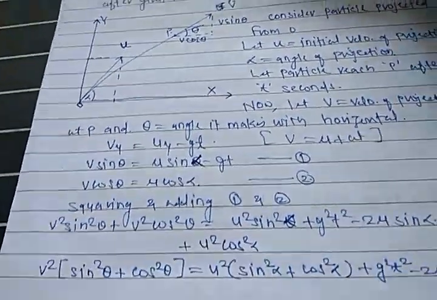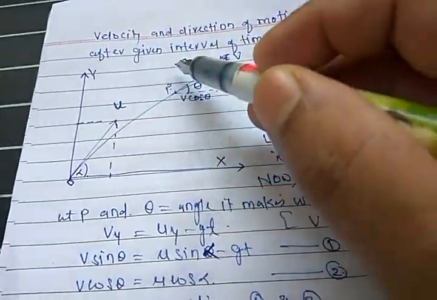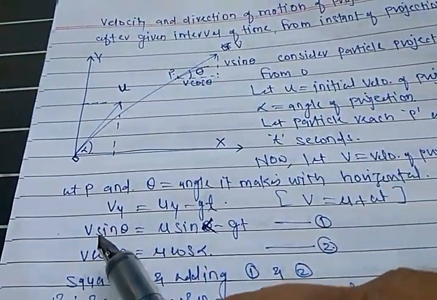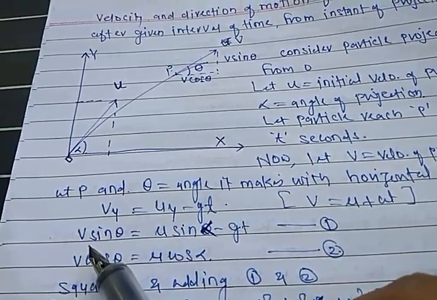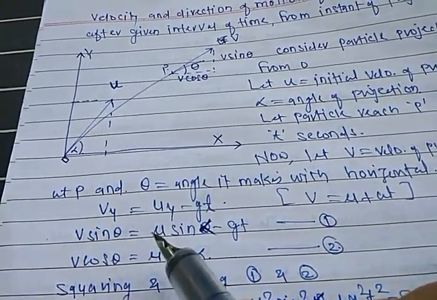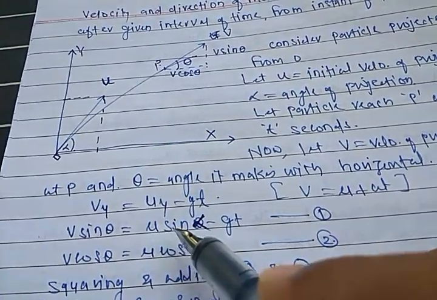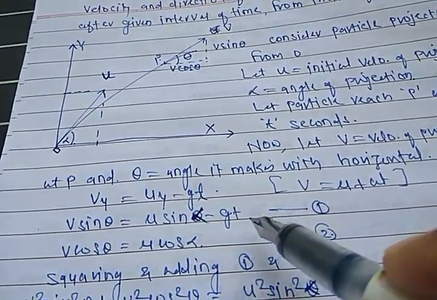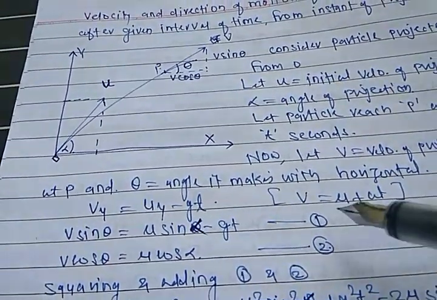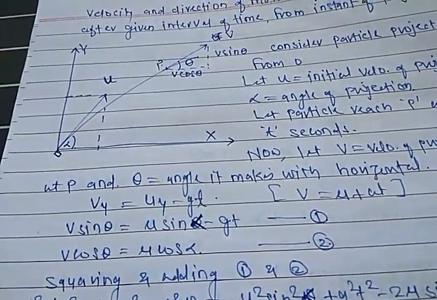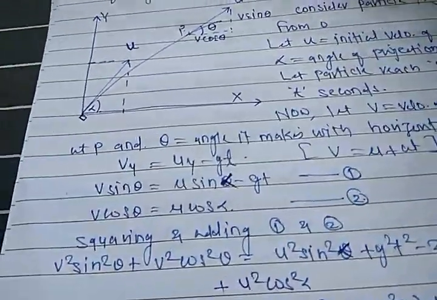So this was about vy, the velocity component at point P in the upward direction. So vy is v sine theta. So v sine theta is equal to uy, which is u sine alpha minus gt. Okay, and we name this as equation 1.